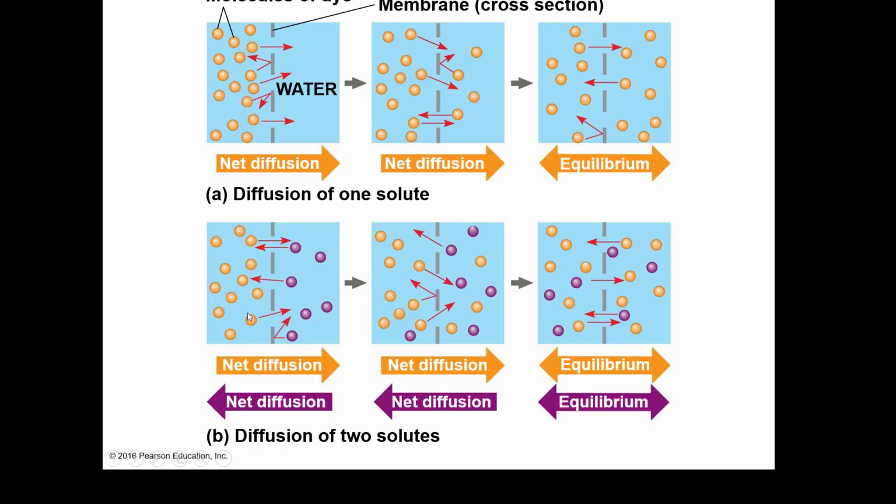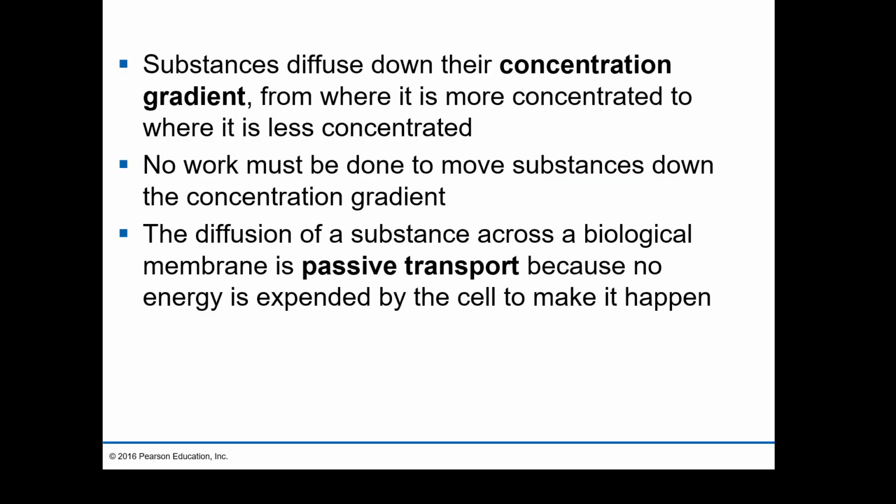Purple does not care that there are more gold molecules over there. It wants its own concentration to be spread out. So you have equal movement of gold and purple moving across until the concentration is relatively equal. And now we're at equilibrium. However, we're still seeing some molecules crossing over. If we didn't have continual movement at equilibrium, then things would be dead.